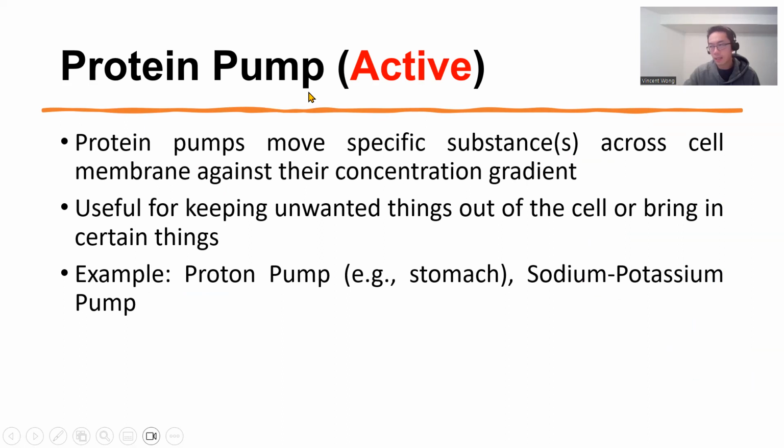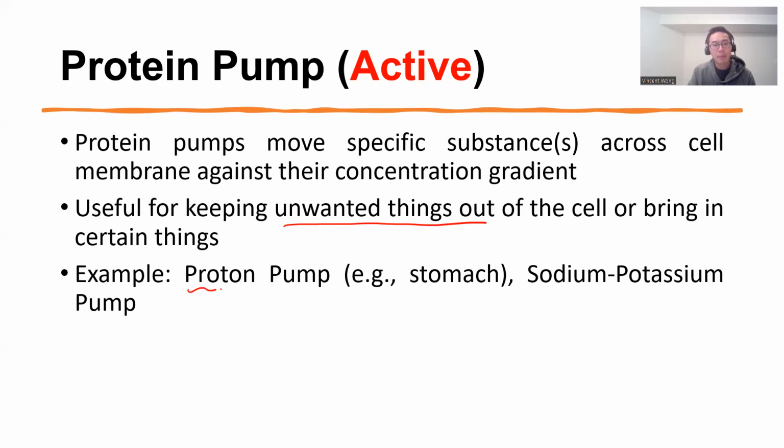Protein pumps are exactly what they sound like. These are membrane proteins that use ATP to pump things against their concentration gradient, so going from low to high concentration. And it's useful for keeping unwanted things out of the cell, as well as bringing certain things in.